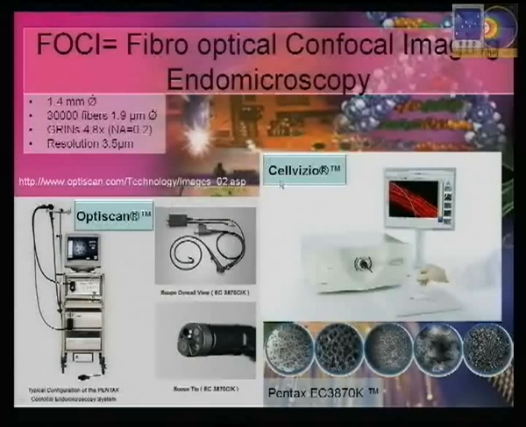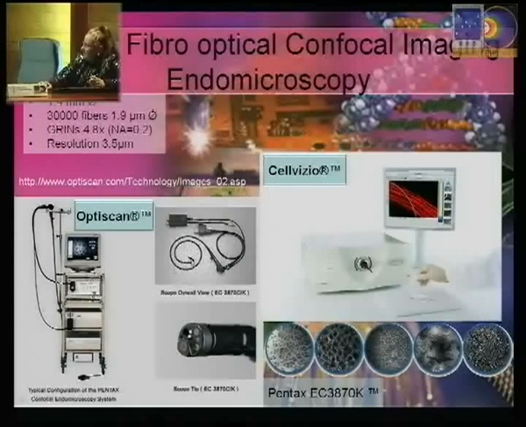One is the Optiscan and the other is the Cellvizio. The Cellvizio looks smaller, although as you will see it is not, than the Optiscan, which is a regular endoscope, in which in the biopsy channel, instead of introducing the biopsy sampling cable or fiber, you introduce a confocal microscopy fiber, which is that one.